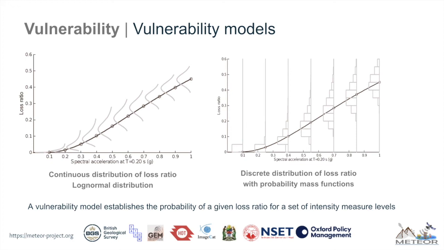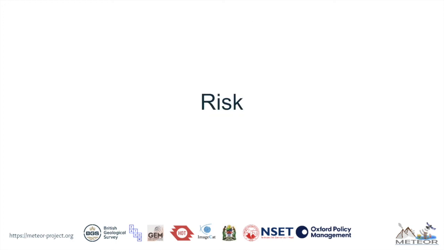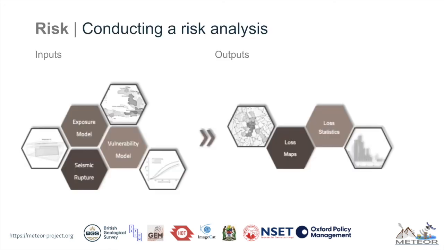Example vulnerability models are shown here. We might model the variability of loss given intensity of ground shaking as a continuous distribution, such as on the left, or we might estimate discrete probabilities of a loss ratio for a given intensity level, such as on the right.